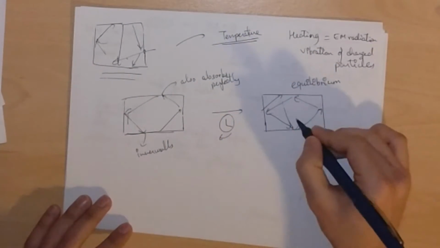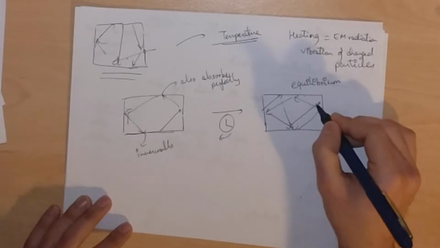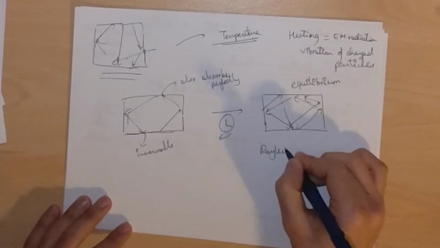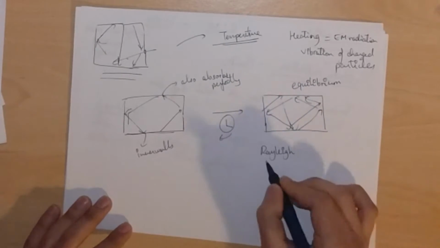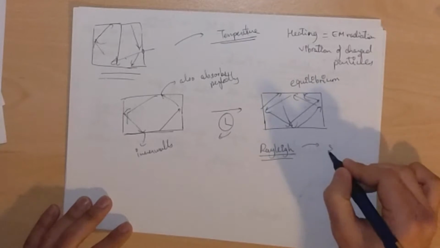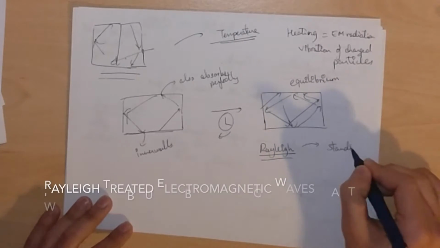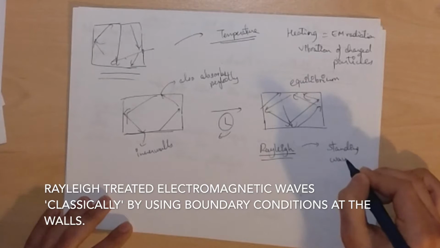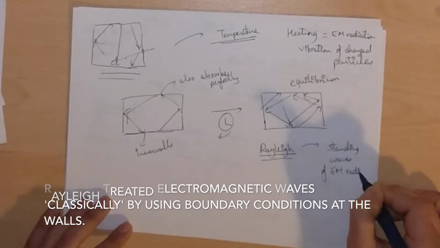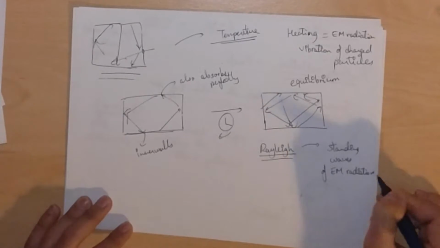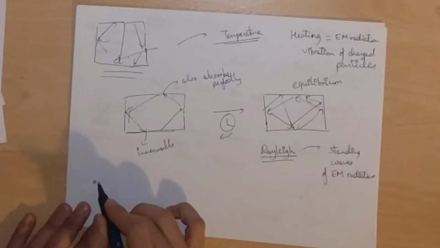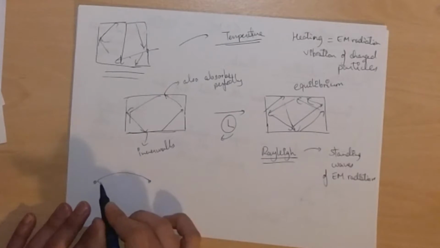And in this equilibrium condition, what a scientist, Rayleigh, assumed, which you can actually prove, is that you're going to see what are known as standing waves. Waves of electromagnetic radiation inside the cavity. A simple example for this would be a guitar string.